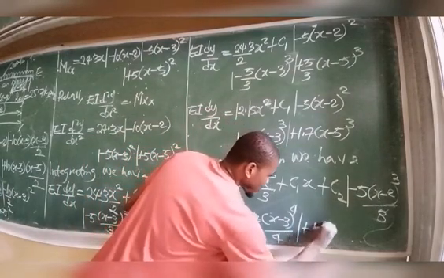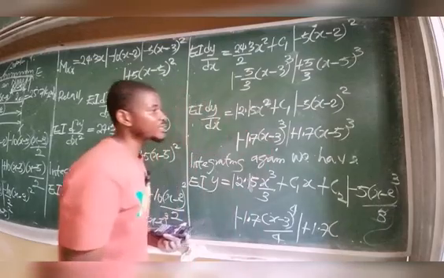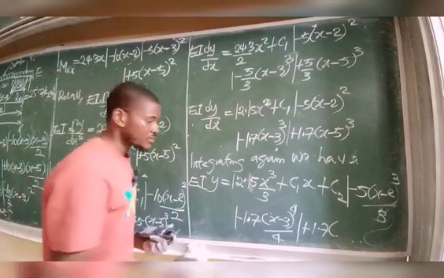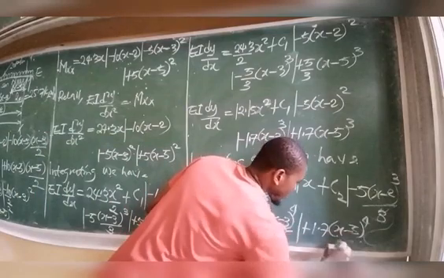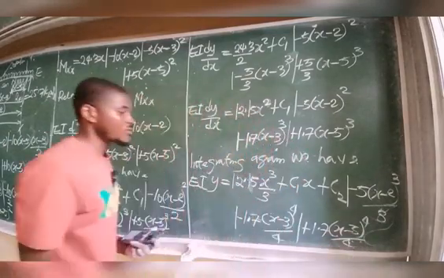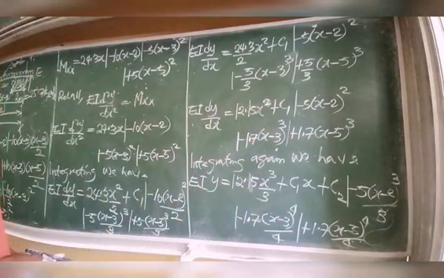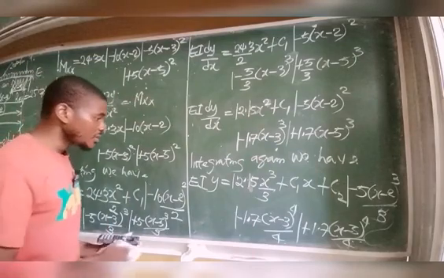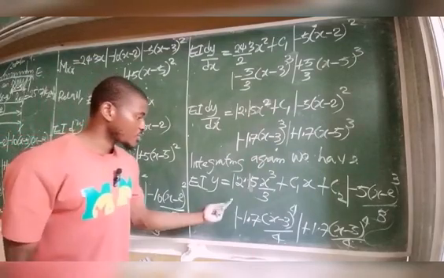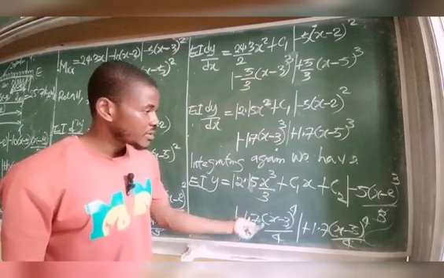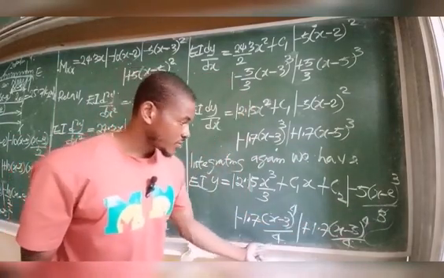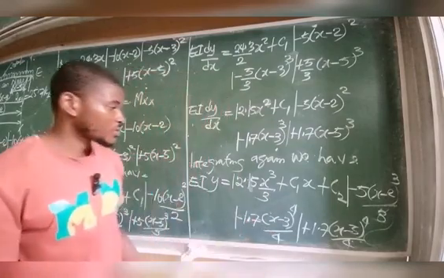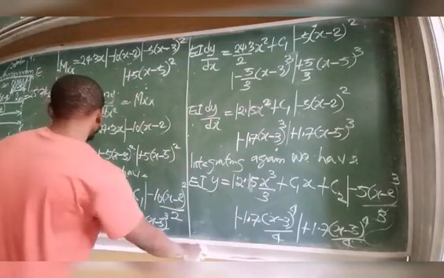If I integrate x minus 5 cubed, I will still have x minus 5 to the power of 4 all over 4. So we can now evaluate. Of course, 12.15 can divide 3, and of course 5 can divide 3. Let's evaluate 1.7 into 4 to see what we are going to obtain.